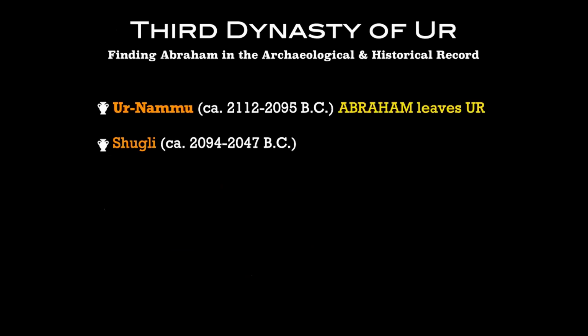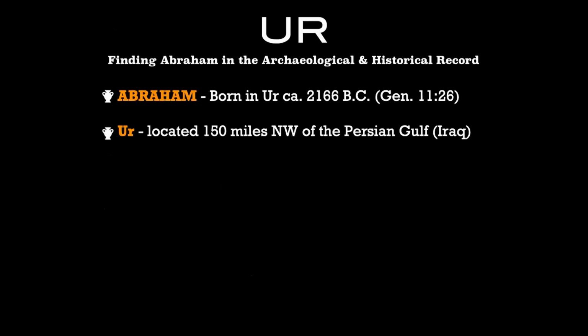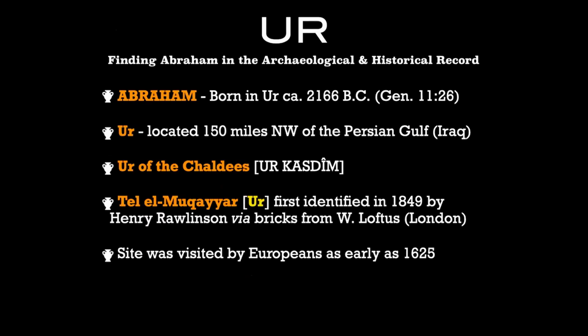Ur-Nammu left, again, this is kind of review. I'm going to jump through this. Ur of the Chaldees, Ur-Kasdim, or Tell el-Muqayyar, first identified in 1849 by Henry Rawlinson via bricks from a guy named William Loftus. He brought them to London. We have record of the site of Ur being visited by Europeans as early as 1625.